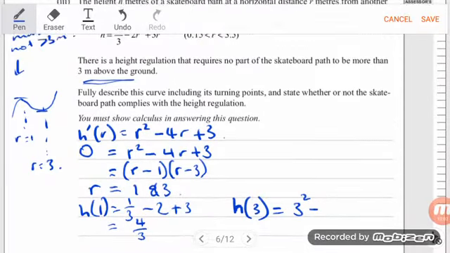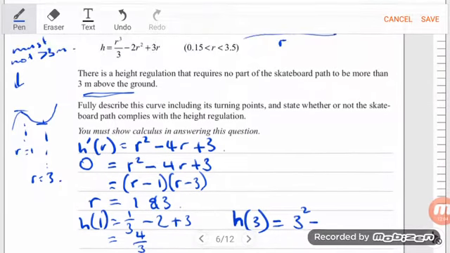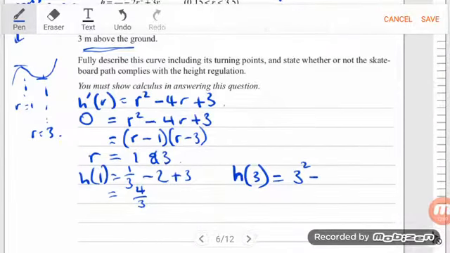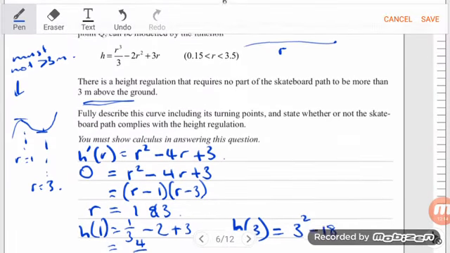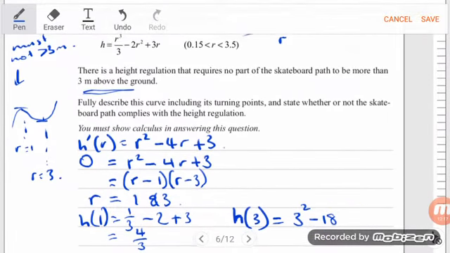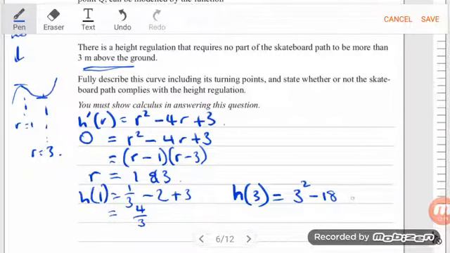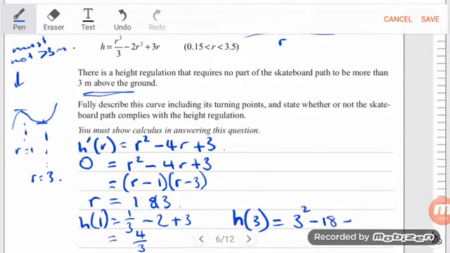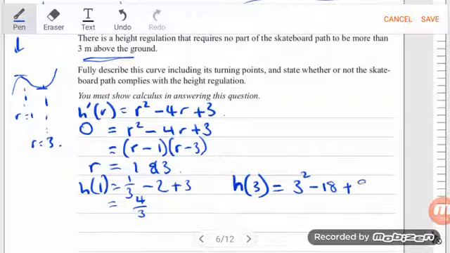Two times, well, we've got 3 squared. 2 times 9 is 18. 3 3s are 9. Is it a plus? So that should equal 0. Because these two equal 18.